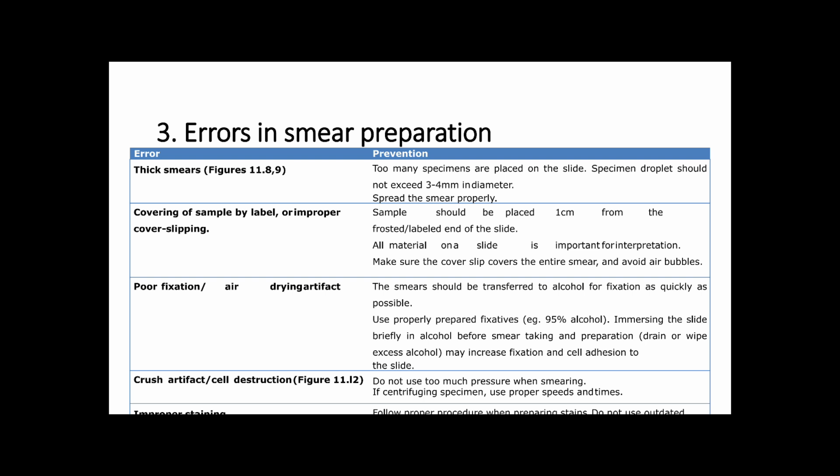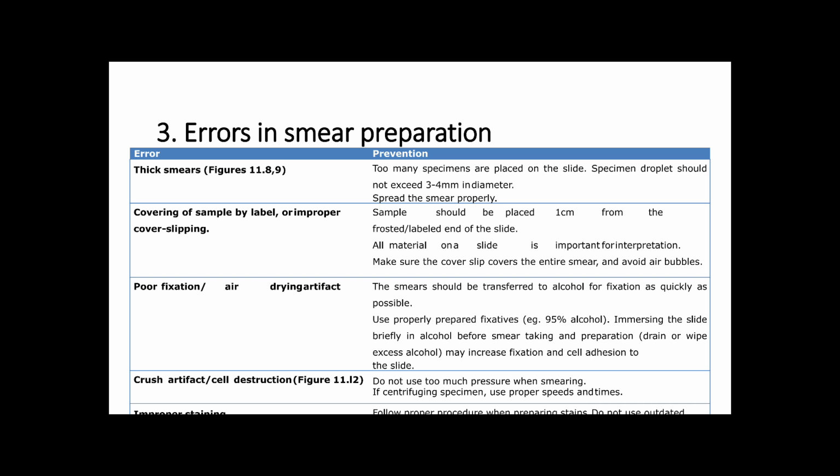So next one is poor fixation or air drying artifact. How to prevent poor fixation and air drying artifact? The smear should be transferred to the alcohol for fixation as quickly as possible.